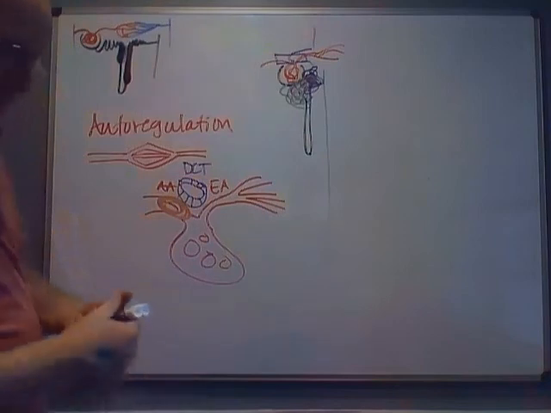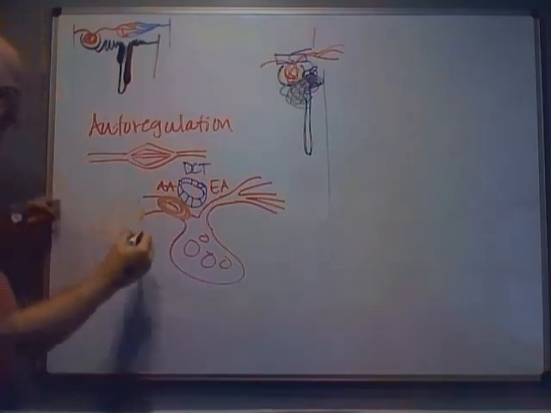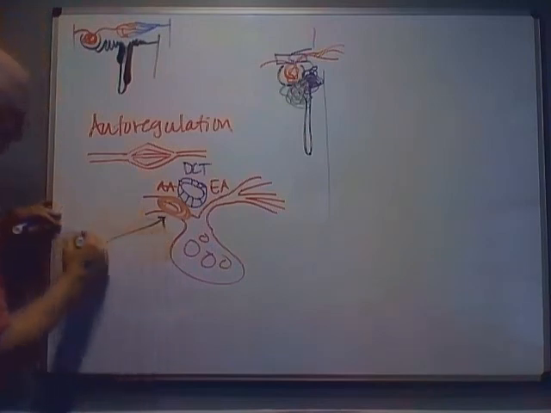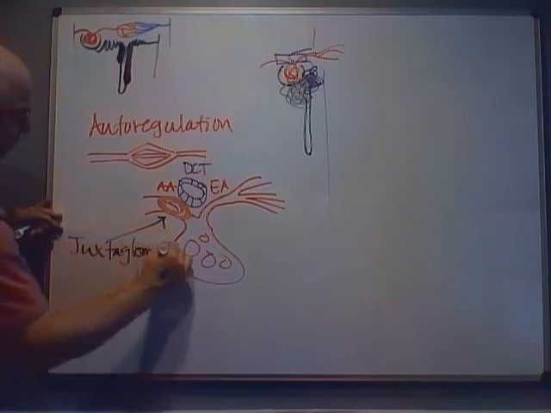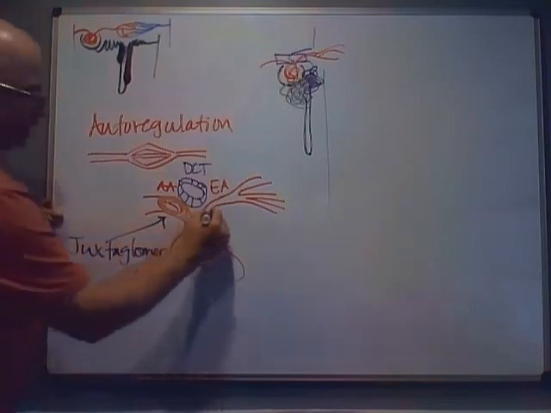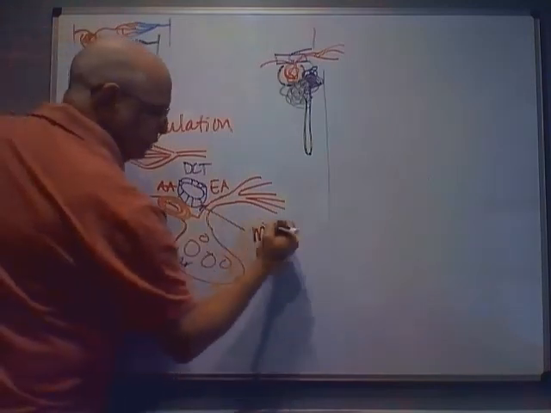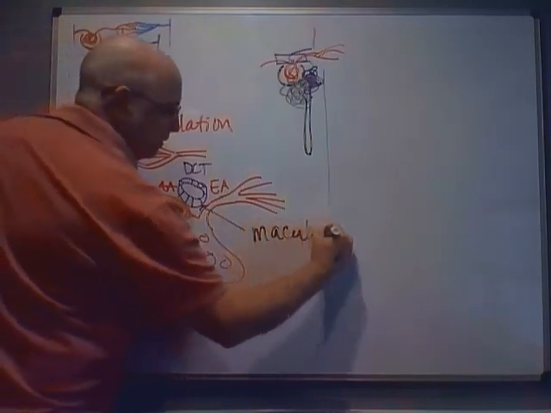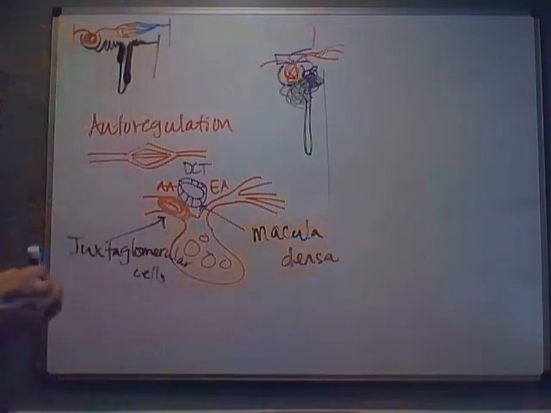So on the model, we call this little group of tan cells right here the juxtaglomerular cells. And this thick part of the distal convoluted tubule is called the macula densa, means the thick spot.